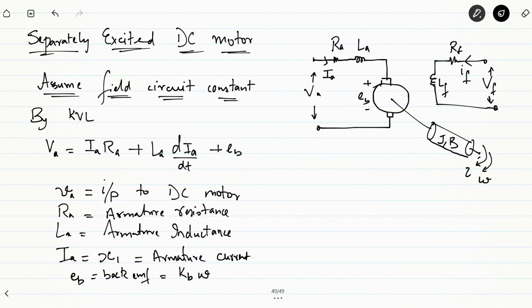So this equation becomes, since VA is the input, we can represent it by u: u is equal to RA x1 plus LA x1 dot plus KB times omega. Let this be equation number 1.